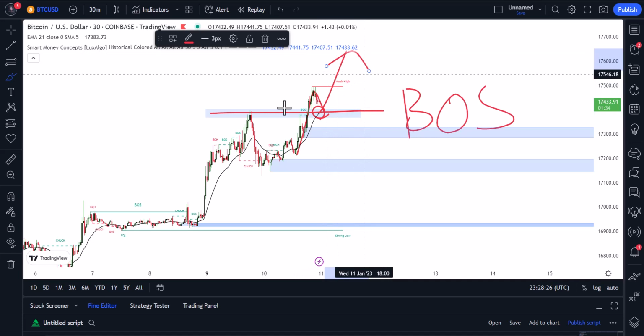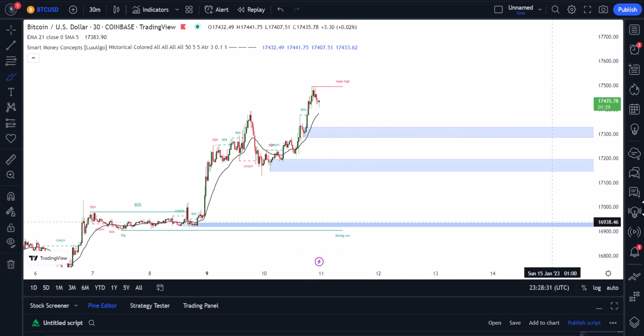So according to my analysis, it is going to follow the buy trend.